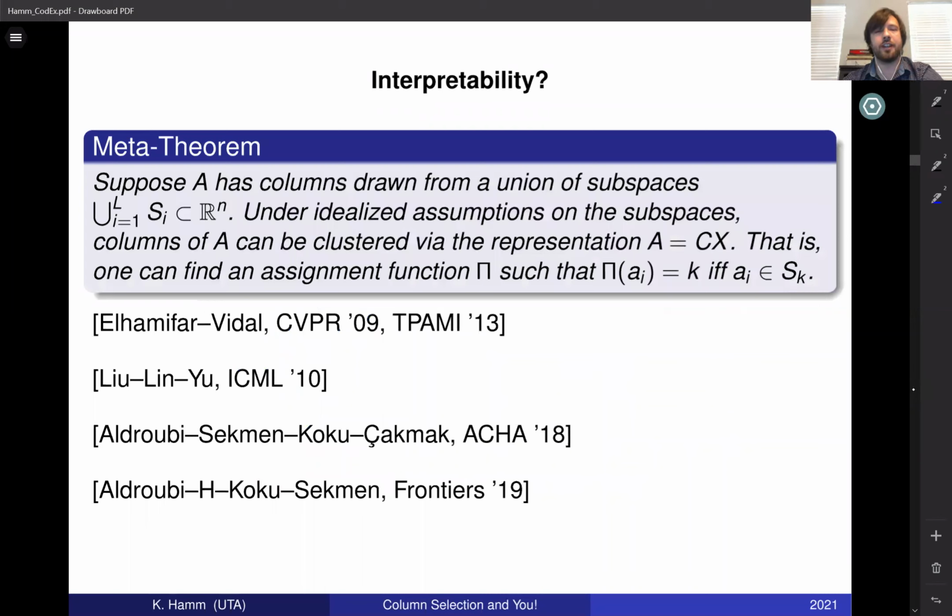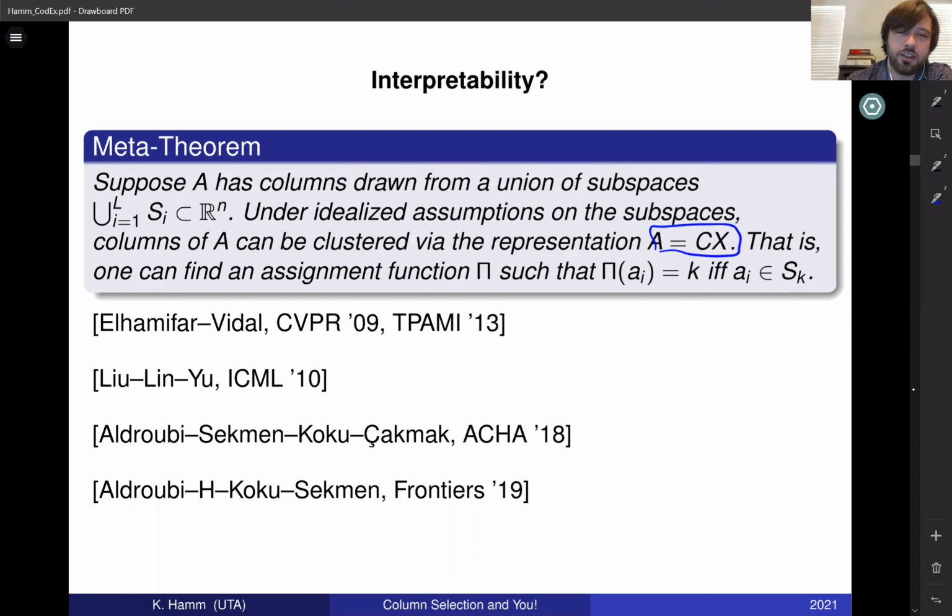Okay, just as a sample application of this idea, I won't dwell on this too much, but here's a meta theorem that I state imprecisely. Suppose I have columns drawn from a union of subspaces, and then under some somewhat idealized assumptions on the subspaces, if I find a representation like the one I mentioned before, then I can cluster the data according to subspaces, meaning that I can find an assignment function that tells me which subspace a given column is in.